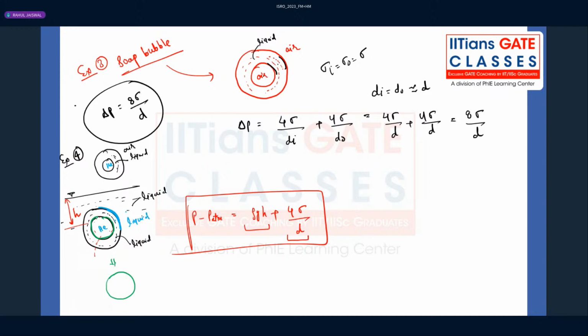For a liquid-liquid combination, both liquids should be immiscible with each other. So here only sigma is there because of the liquid-helium interface. That's it. So surface tension is all about the interface.